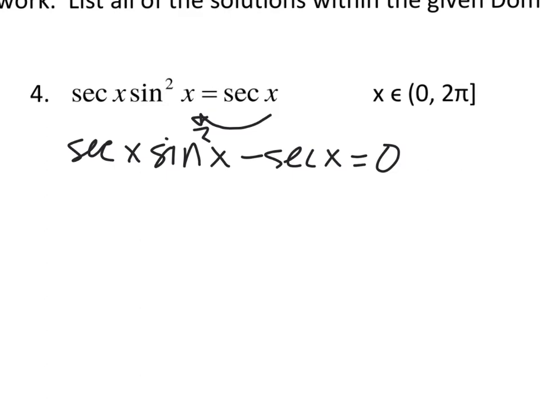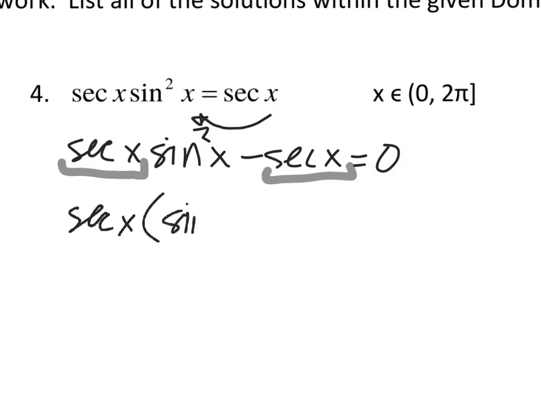Okay, now both of these terms have a secant as a common multiplier, so we're going to common factor out the secant, leaving us with a sine squared and a minus 1. Because when we distribute back in, secant times sine squared, and secant has to multiply by something in order to get this minus secant here. So we have secant times sine squared minus 1.